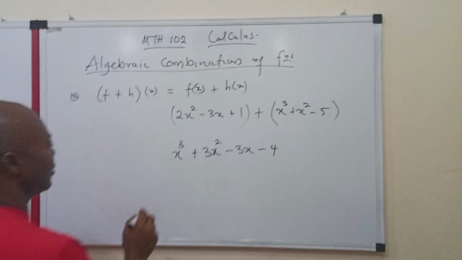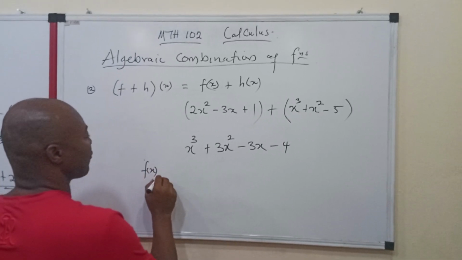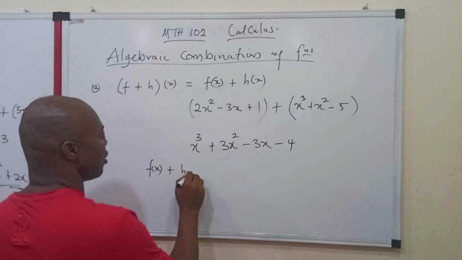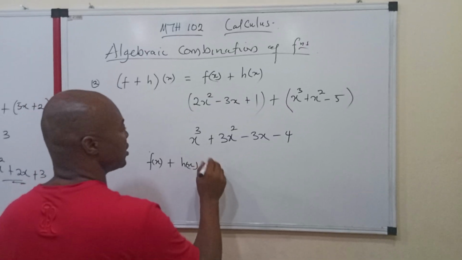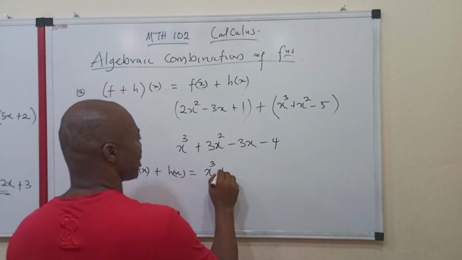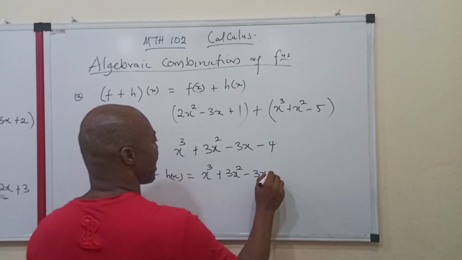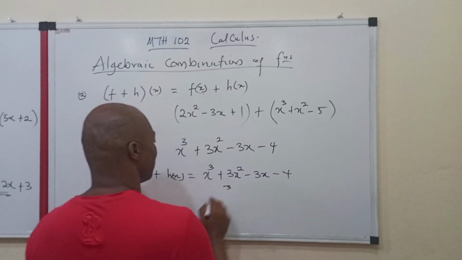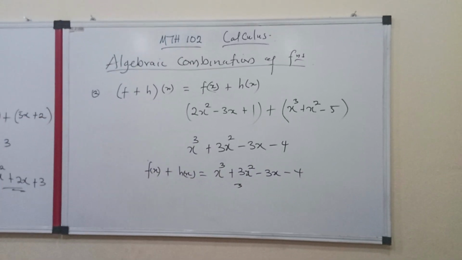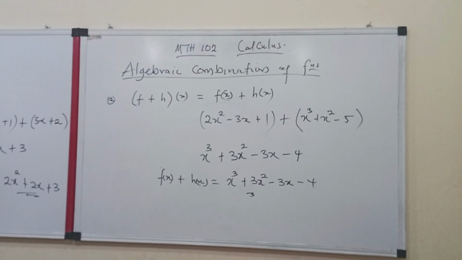So what are we saying? We are saying that f of x plus h of x is equal to x raised to the power 3 plus 3x squared minus 3x minus 4. Now you can see that this is also pretty simple based on what we have.